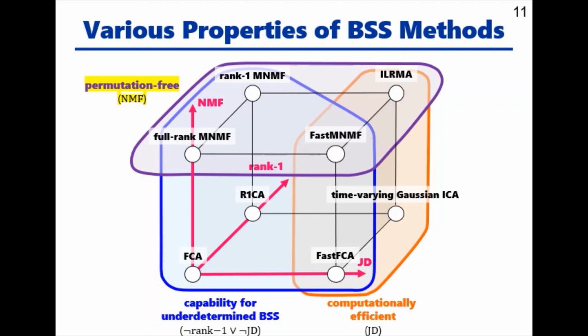Furthermore, permutation-free BSS is possible when the NMF constraint is present, which corresponds to the region shown in purple. So, I'd advocate that FastMNMF is a very nice method, capable of underdetermined BSS, computationally efficient, and permutation-free.